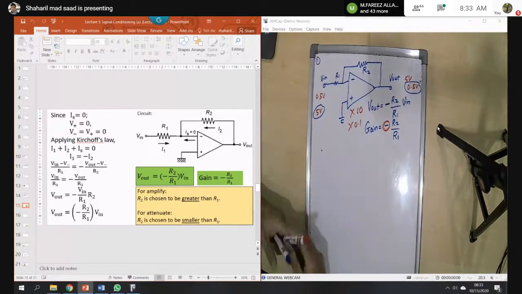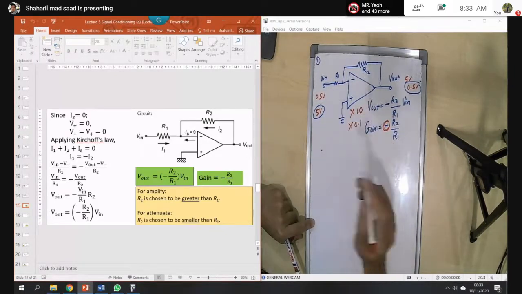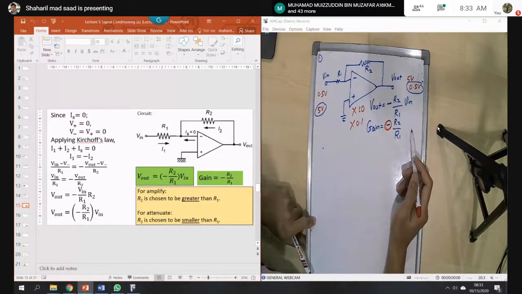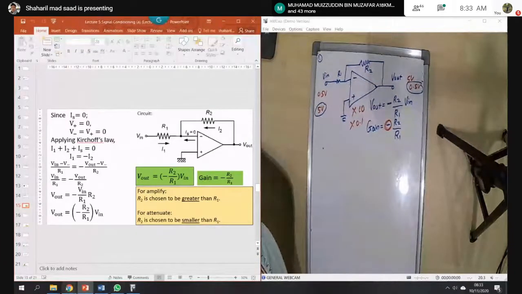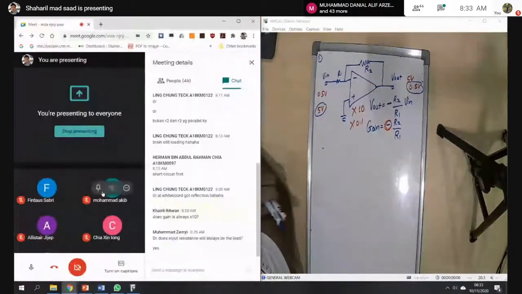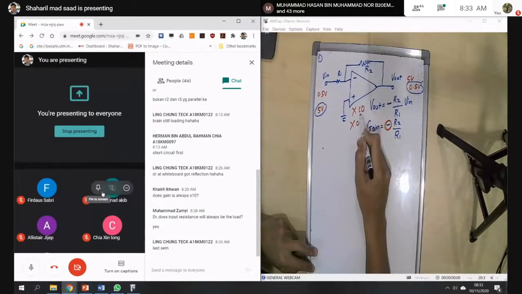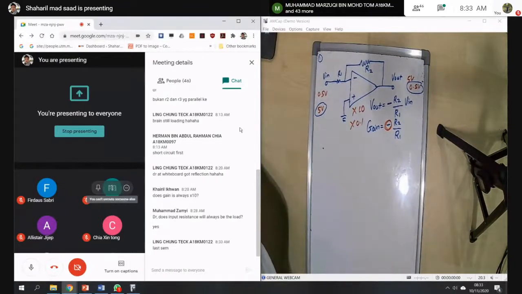So you can adjust your gain with R2 and R1. You have learned this in Lab 1, in your second year, right? Alright, so you just adjust R2 and R1 to adjust the gain. That's why we call it inverted.